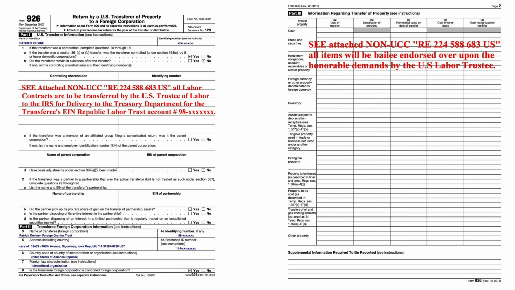But you have to do it with a non-UCC and also with this 926 form and transfer the assets back to the de jure Treasury, the labor Treasury of the country.